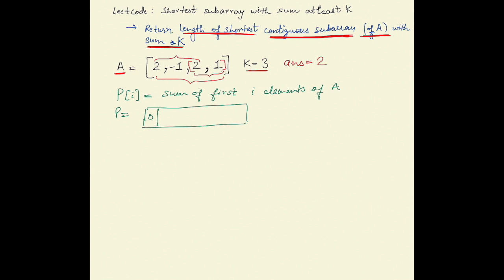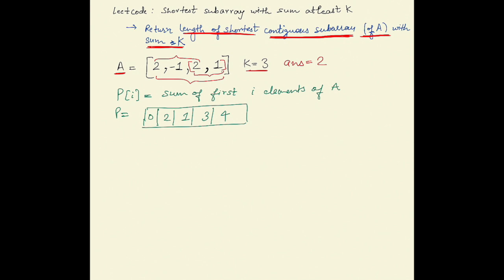The next element would be 0 plus 2, that is 2. The next would be 2 plus minus 1, which is 1. The next would be 1 plus 2, which is 3. The next would be 3 plus 1, which is 4.